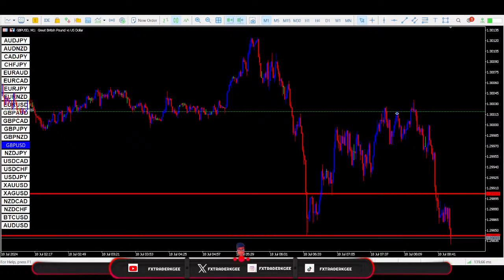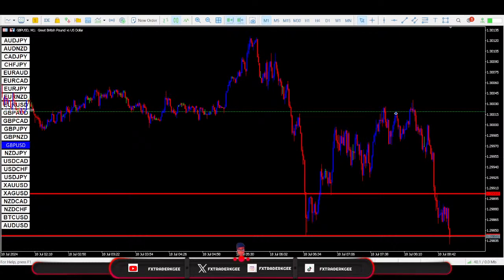So GBP, in a shorter time frame, means the Great British Pound has a lesser index than the US dollar currently. So we are going to sit tight and reanalyze the market for GBP USD. So far so good.